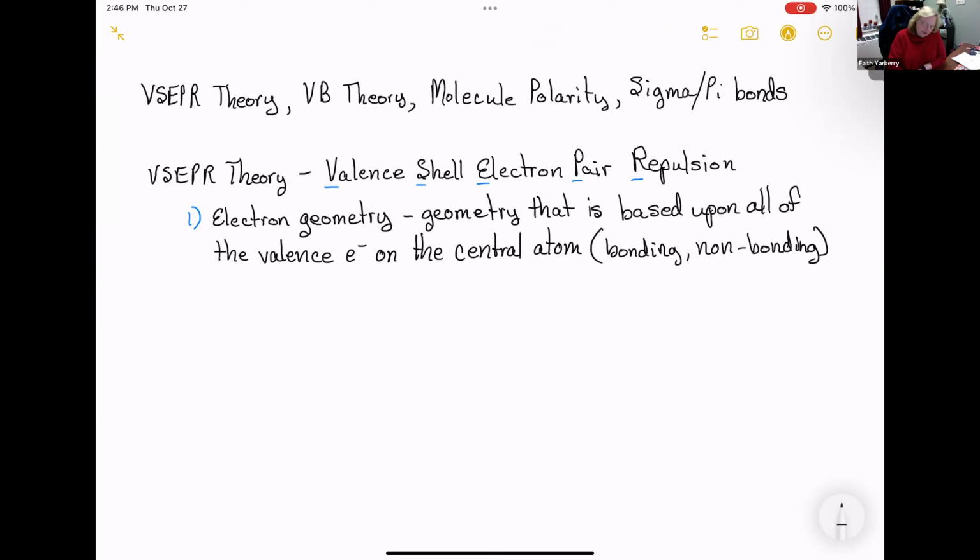The second type that we will talk about is the molecular geometry.